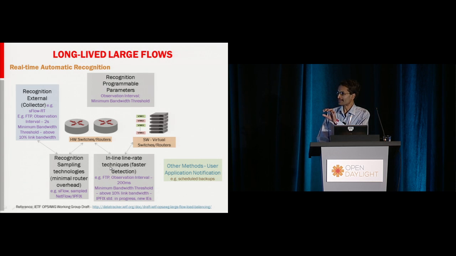But again, the focus would not be on learning all the flows, but using techniques like Bloom filters to recognize them in real time, learning only the long-lived large flows with minimal false positives. For a similar type of workload like FTP, the observation interval could shrink by an order of magnitude, from 2 seconds to 200 milliseconds, because you're observing each and every packet. The same bandwidth threshold rules apply, essentially 10% of link bandwidth, so that you obey those properties of observability, controllability, and scalability.